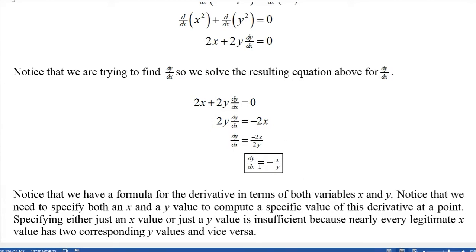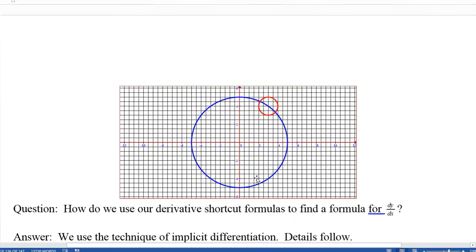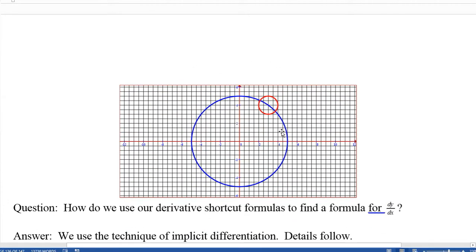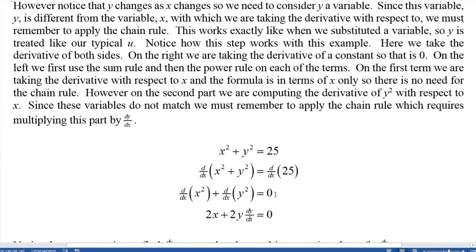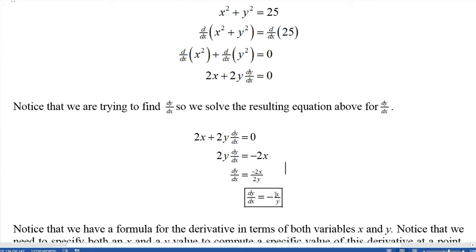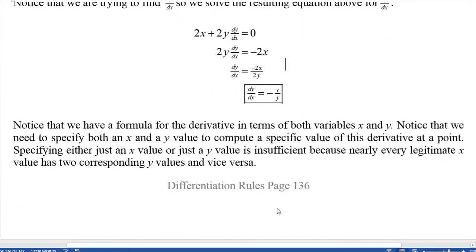And of course that makes sense because, look back at the picture, pretty much any x that we pick, there's going to be 2 y's, or any y we pick, there's going to be 2 x's that go with it. We can't specify just the x or just the y. We have to specify both of them, or at least a sign of one of them, so that we can determine which x and y go together for our point. So we need to specify both an x and y, and then we can plug in this point.